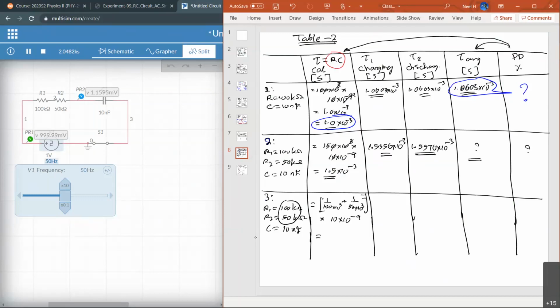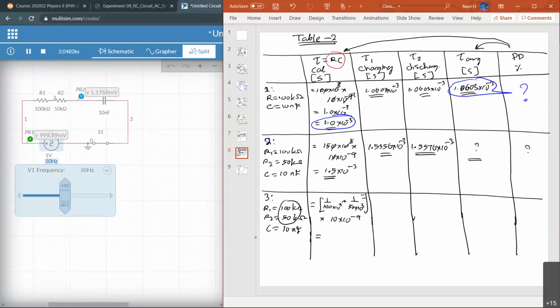So let's calculate that. I need 1 over 100 times 10 to the power 3 plus 1 over 50 times 10 to the power 3, and outside you have power negative 1, right? You remember, in parallel the addition is inverse. Then you multiply this whole thing by 10 times 10 to the power negative 9.